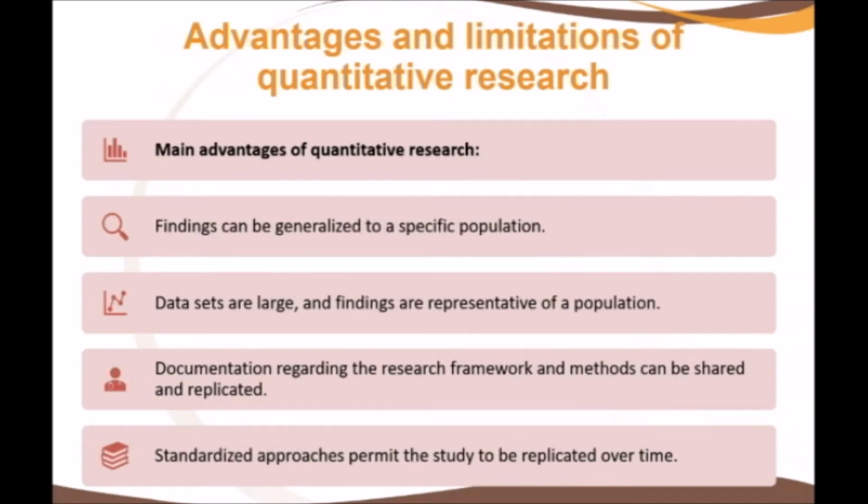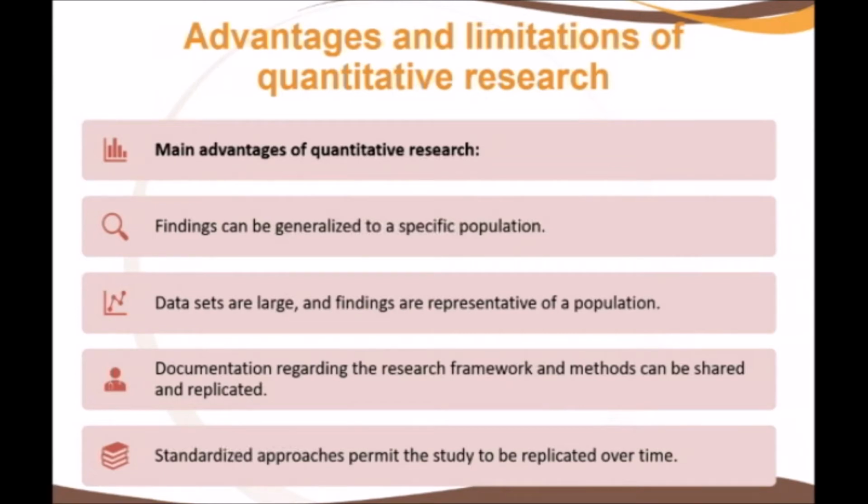So she can then extend and say from her sample, if 5% were pregnant, she can generalize and say in the whole village, about 5% of the teenagers are pregnant. So that gives you an idea of what is going on in the wider population. That's what we mean by generalization to a specific population.